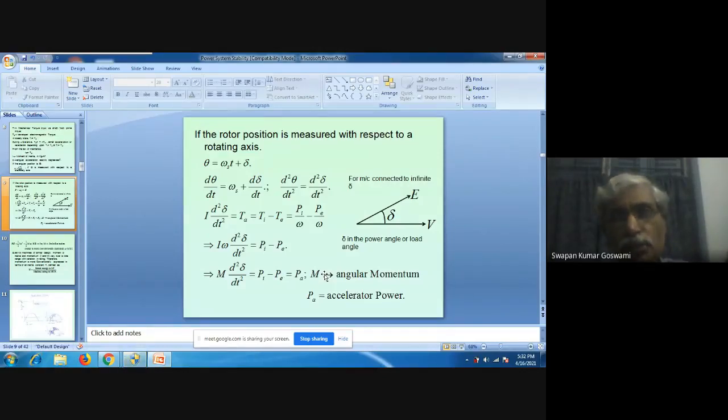In order to analyze the stability of the generator, that means its ability to maintain synchronism after a disturbance, you have to solve this equation: M d2 delta dt2 equal to Pa.